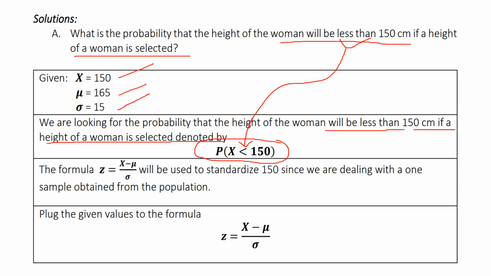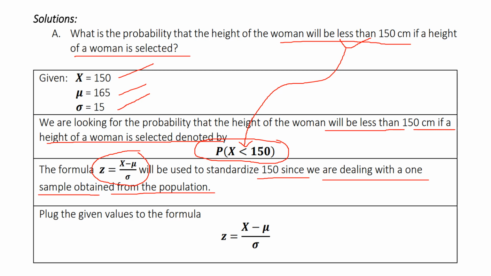The formula that we can use for this one is Z is equal to raw score minus your mu over your population standard deviation sigma, which will be used to standardize 150 since we are dealing with one sample obtained from the population.